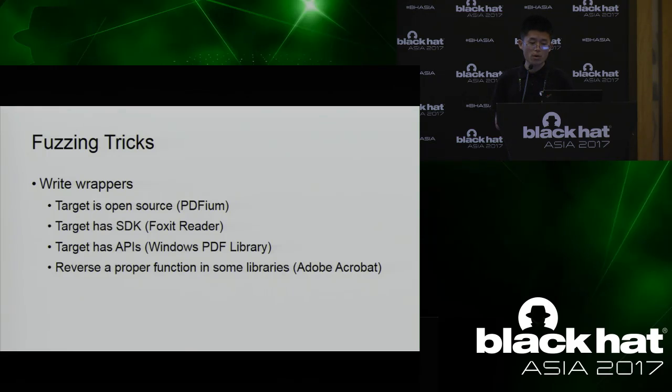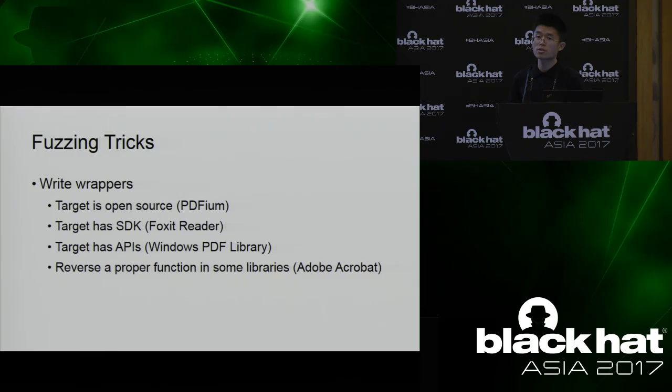So when can we write wrappers? If the product meets one of the following requirements, we can write wrappers easily. Firstly, the target is open source, such as PDF-IOM. Secondly, the target has an SDK, such as Foxit Reader.